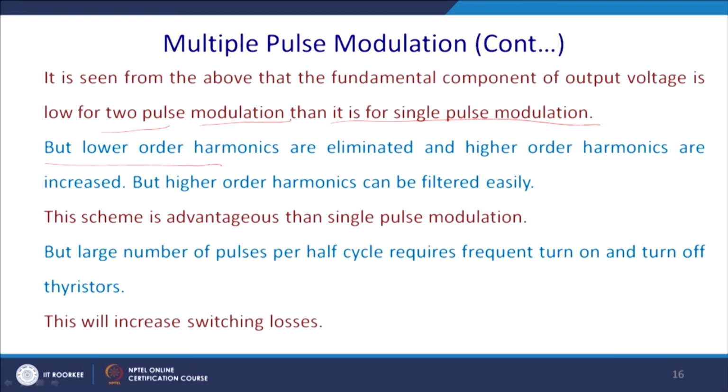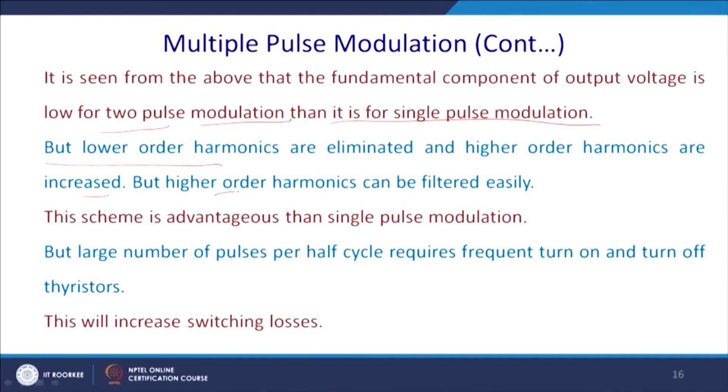The lower order harmonics are eliminated and higher order harmonics are increased, but that is not a big deal. Higher order harmonics are easy to eliminate, because designing a low pass filter is easy; essentially the motor and power system are all low pass filters, and thus you get rid of those waves.